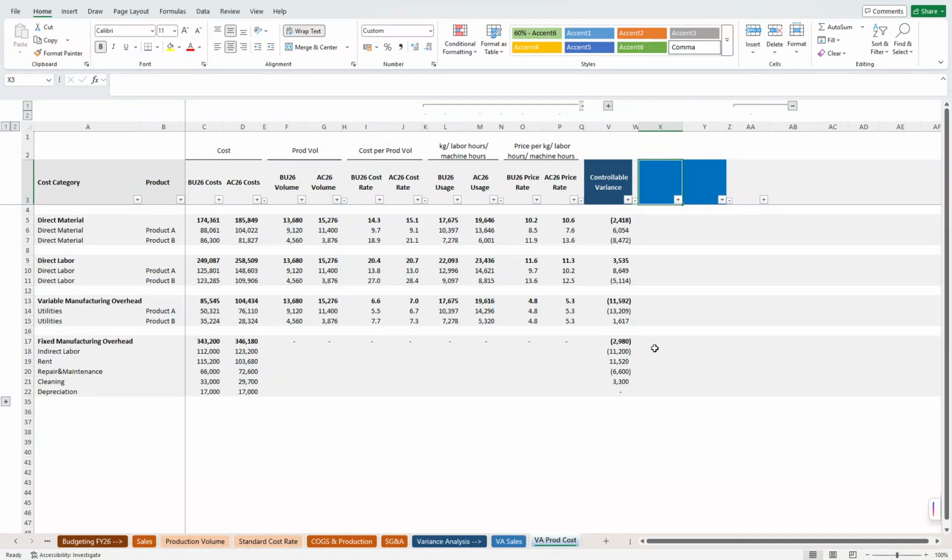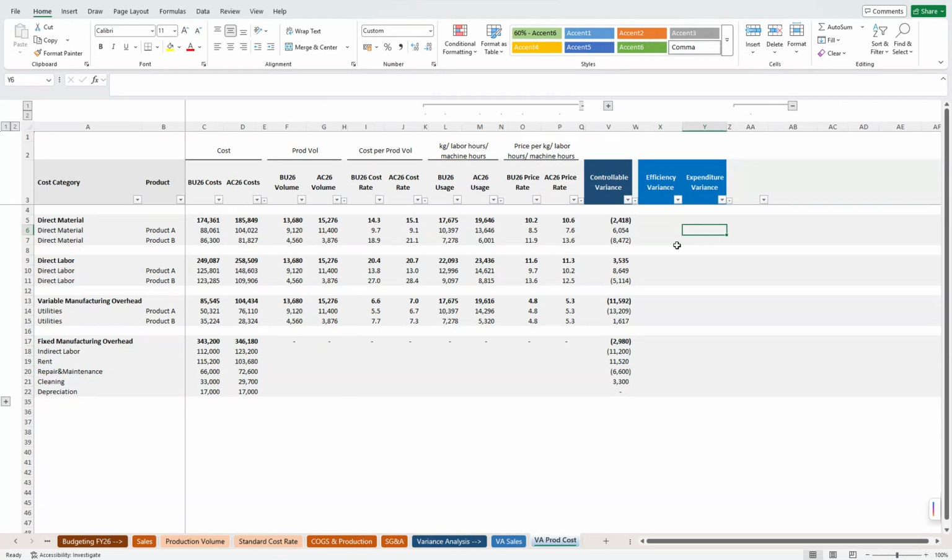So let's build this breakdown, and the first driver will be efficiency variance, and the second driver will be expenditure variance. By efficiency variance, we will measure how efficiently the company uses their resource, let's say in the material concept, their material resource, to perform their production.